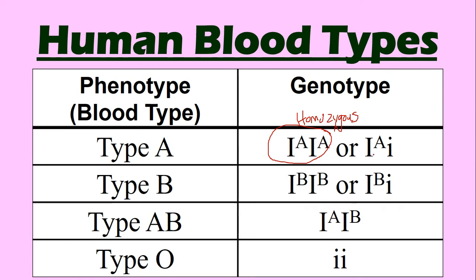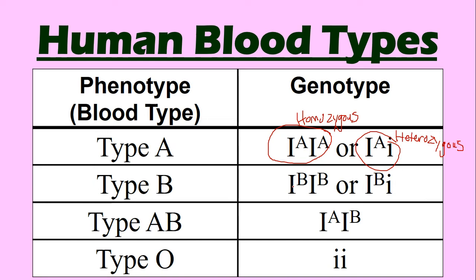Big I capital A, lowercase i, that's heterozygous. So if I say John Smith has homozygous type A blood, you would write I capital A, I capital A. And we're using exponents here, or superscripts, as they're called.